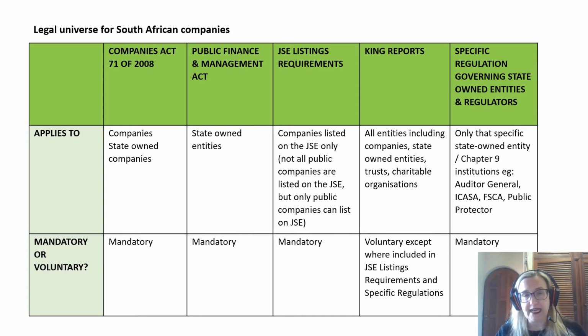So the Companies Act, Public Finance Management Act, and any specific pieces of regulation will be mandatory. The JSE listings requirements are obviously mandatory for listed companies, but not for other types of companies. So obviously if you're not listed, you don't need to comply with them. The King reports, as I say, are a voluntary thing, but they do apply to all sorts of types of entities.